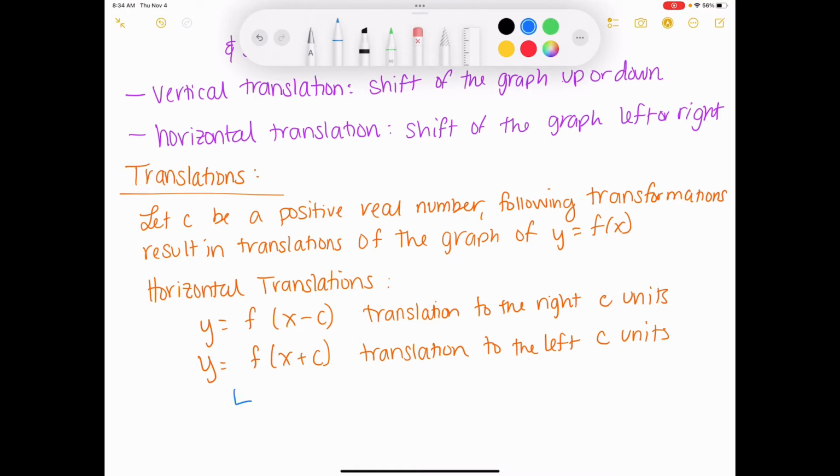So with these, remember the shift goes the opposite direction of the sign.